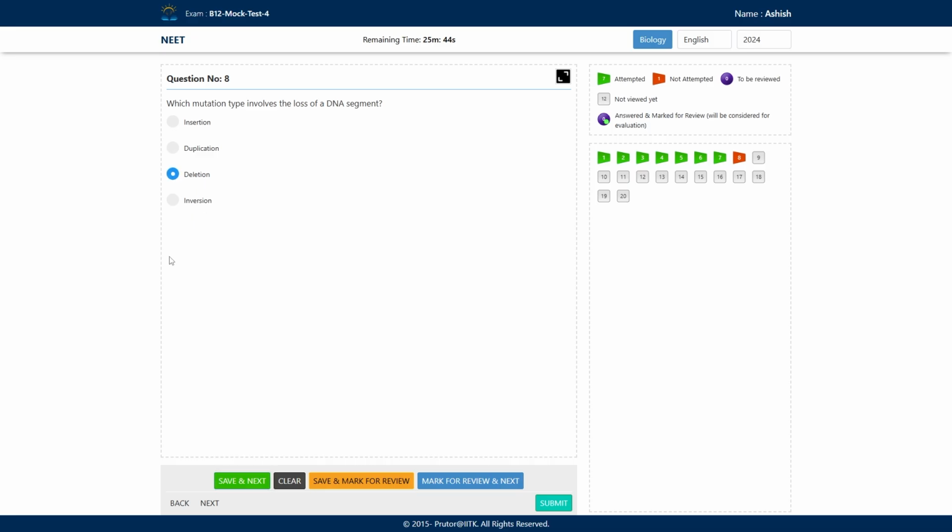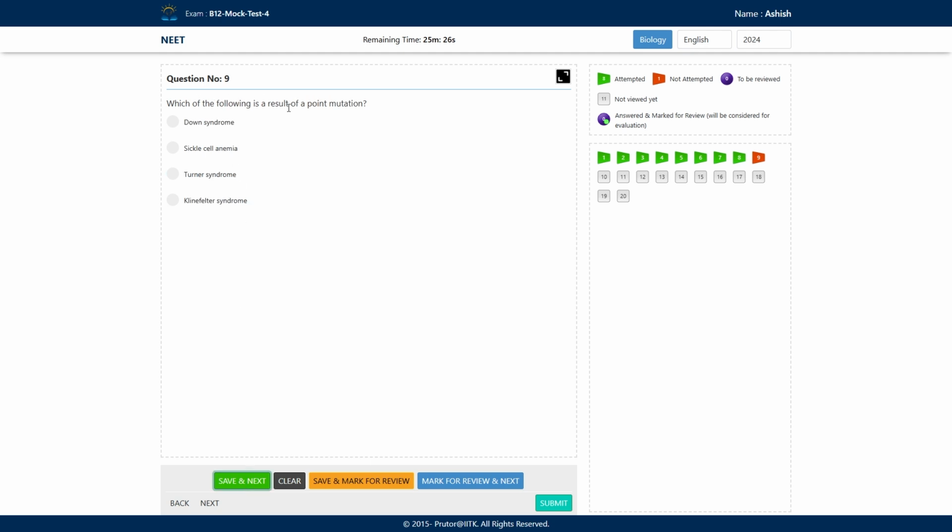The answer will be option number C, deletion. Deletion causes loss of the DNA segments, so genes are completely lost, because a DNA segment is being lost.